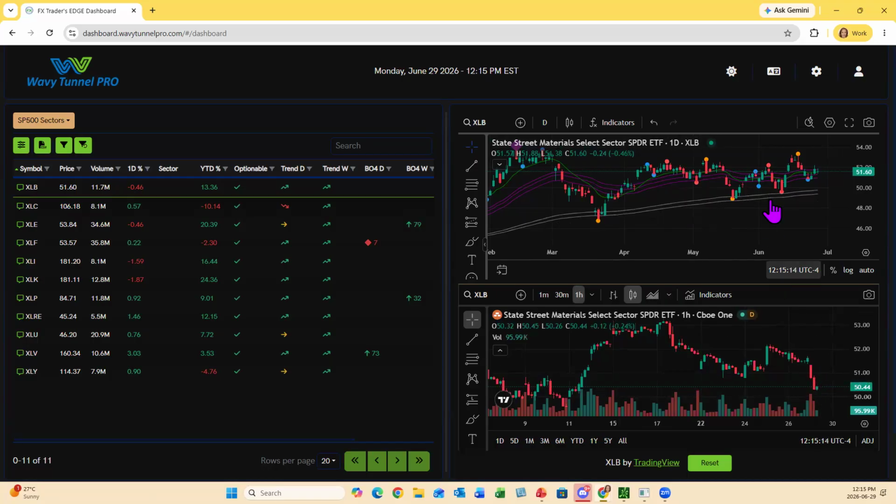So we can see that on Friday, the market closed at 51.60, and the current price now is 50.44. So you can see that we're lower from the market close. This is updated end of day, just so you know.